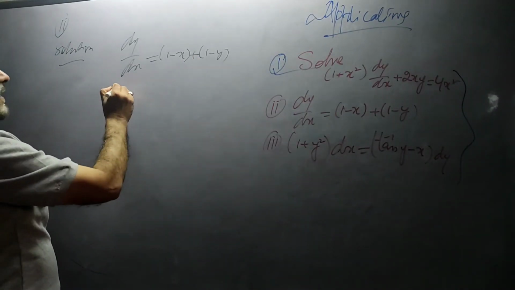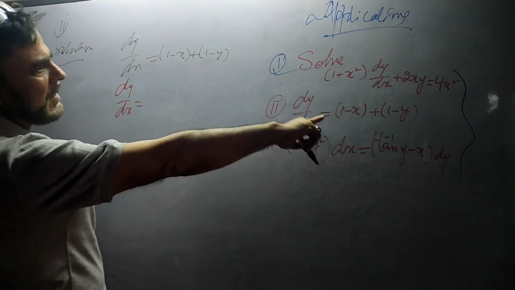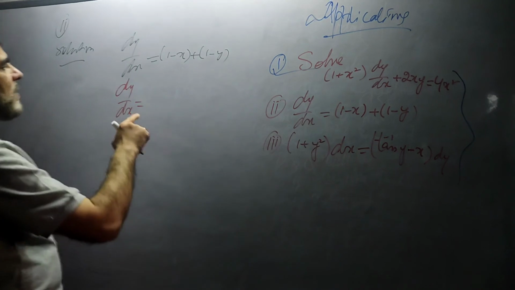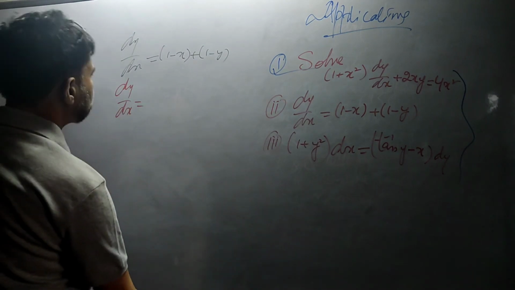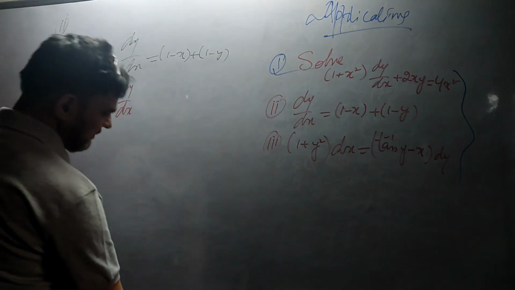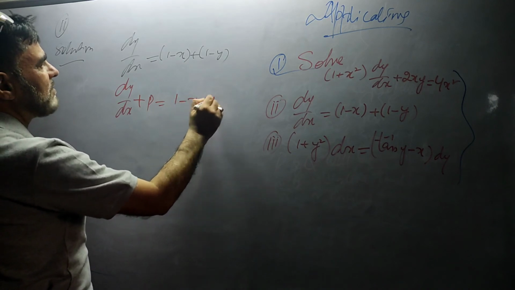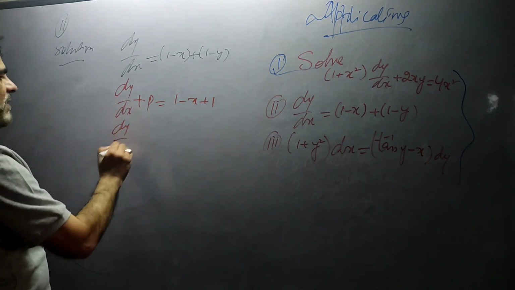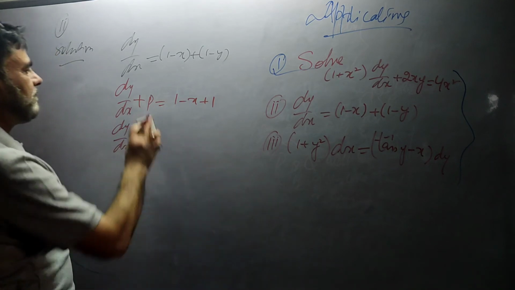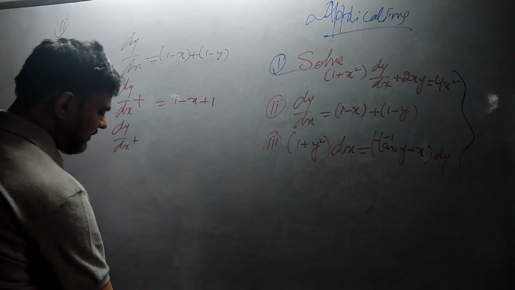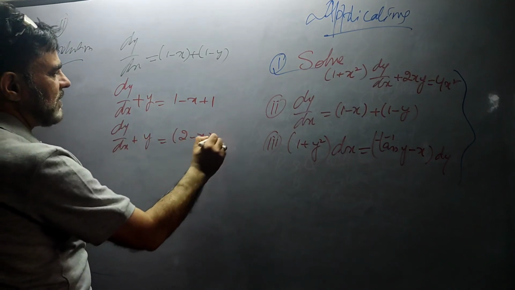This is your dy by dx is equal to 1 minus x plus 1. Taking y on the left side, dy by dx plus y is equal to 2 minus x.